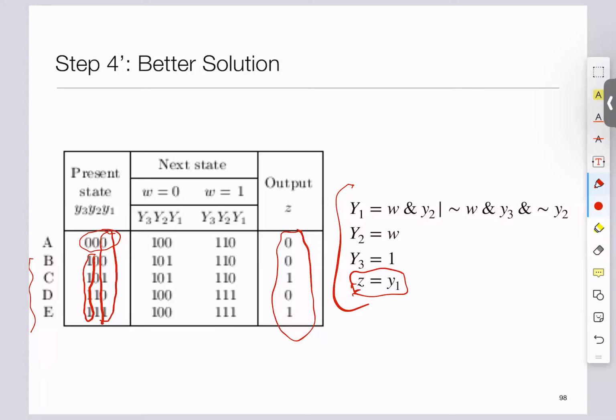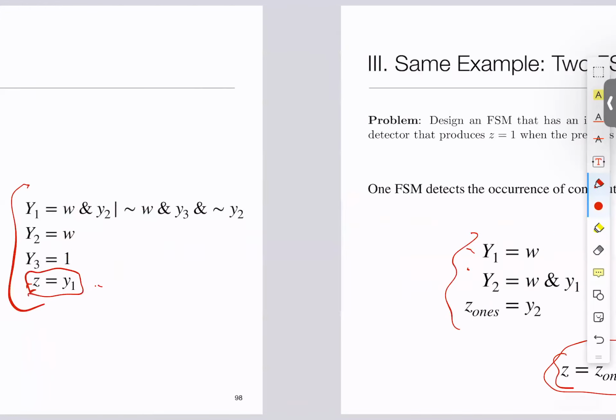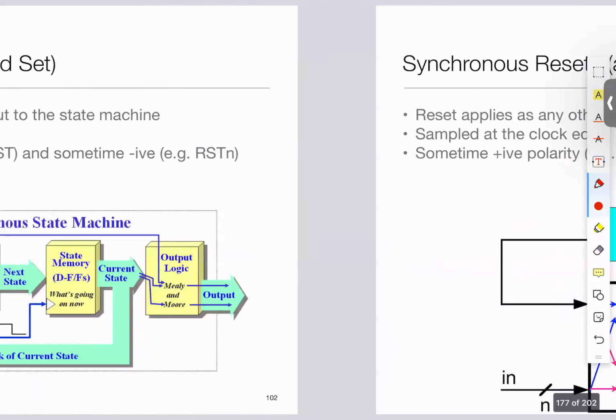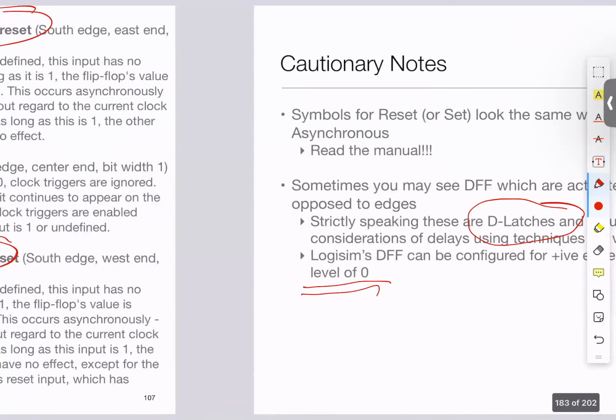No extra register needed. So if I encode my state bits cleverly, I can make sure that output is equal to one of the state bits. Each output corresponds to some state bit. And that way we can achieve the desired property that my outputs are coming from a state register.